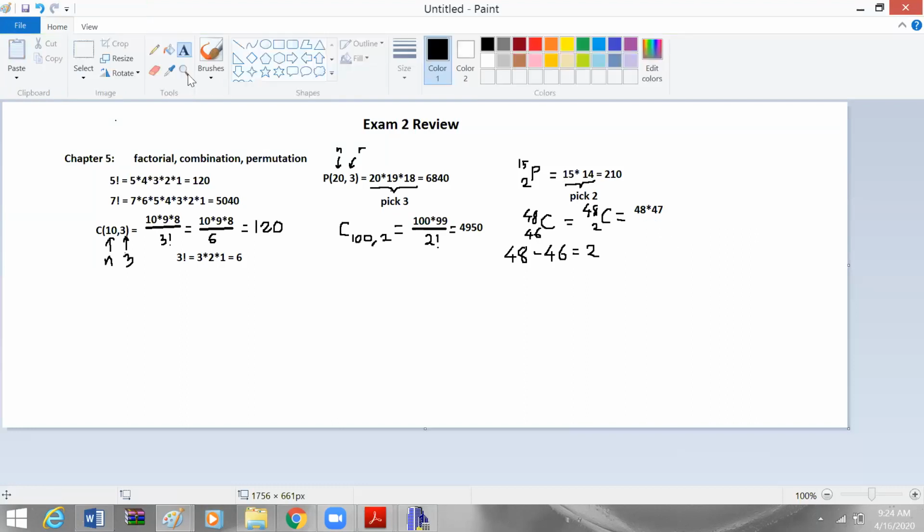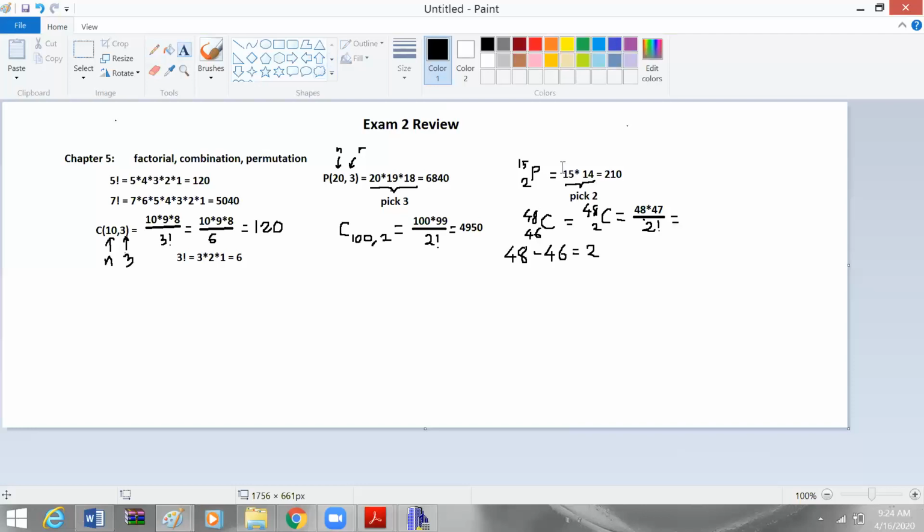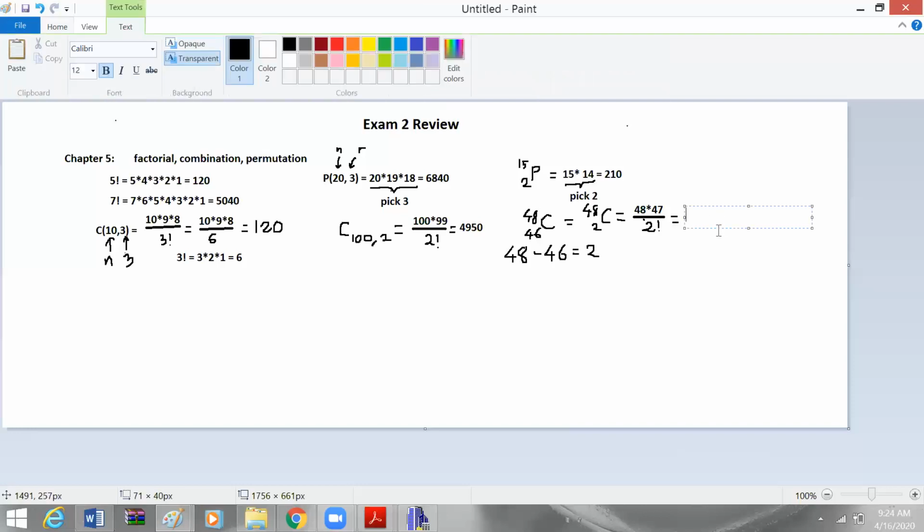And then we divide it by 2 factorial. 2 factorial is 2. We do the math in this case on the calculator: 48 times 47, divided by 2. And the answer for that is 1,128. So I'll put down the answer right here: 1,128.